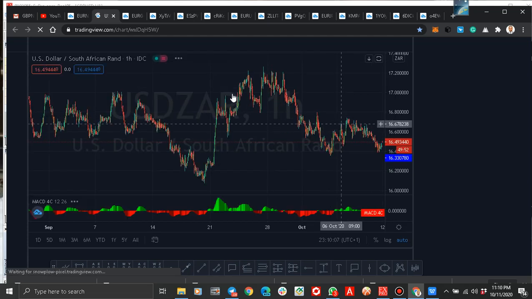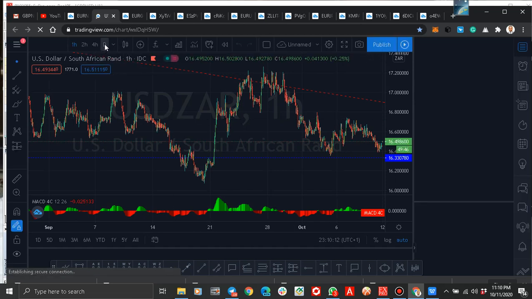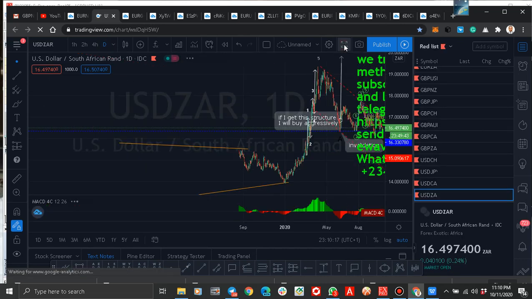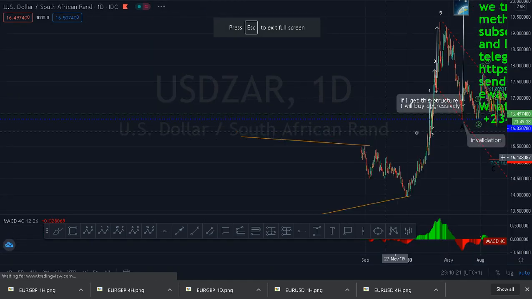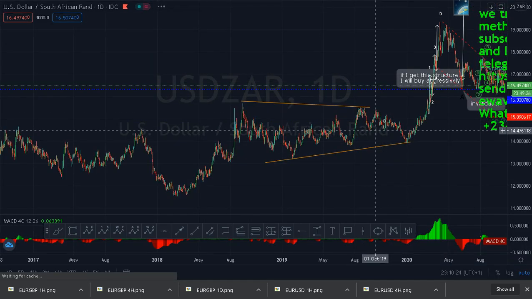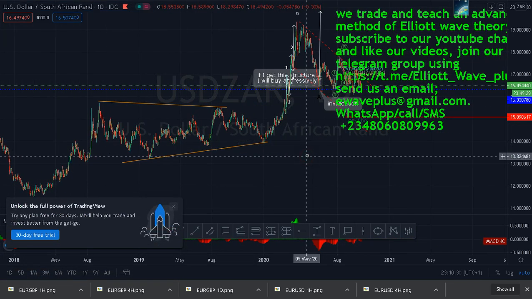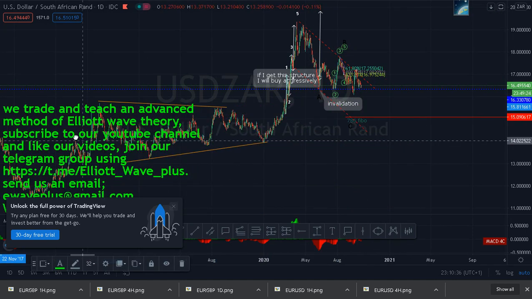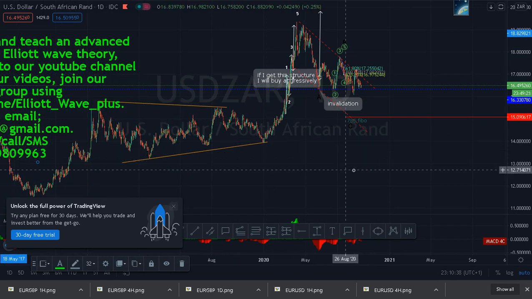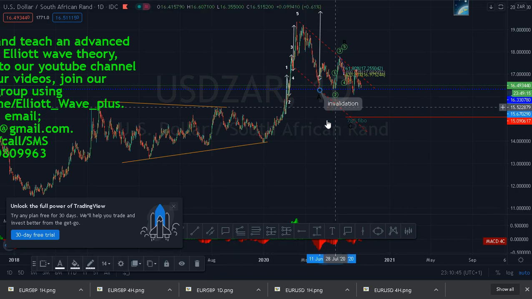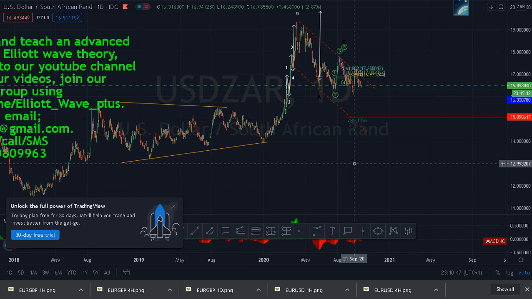Okay, this is 1 hour. Let me go to daily before I come down to 1 hour. This is the daily chart on USD ZAR.